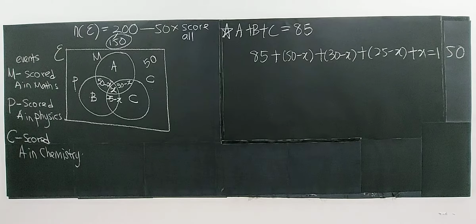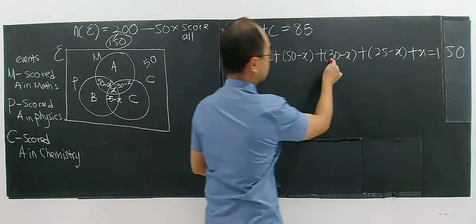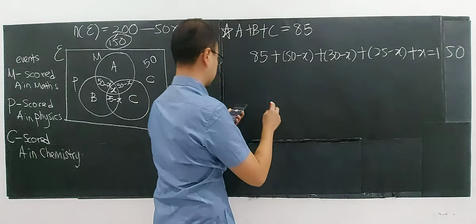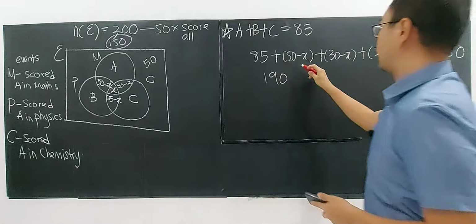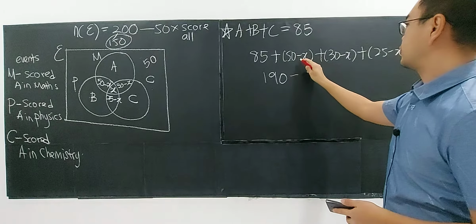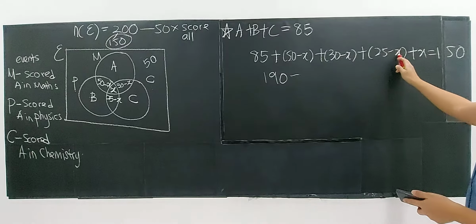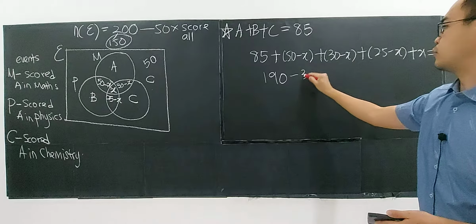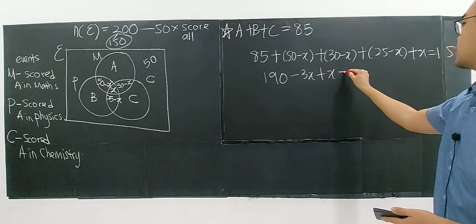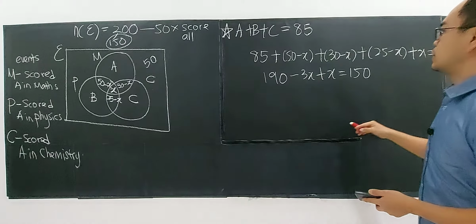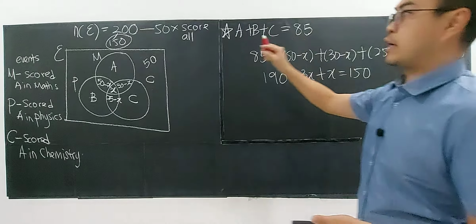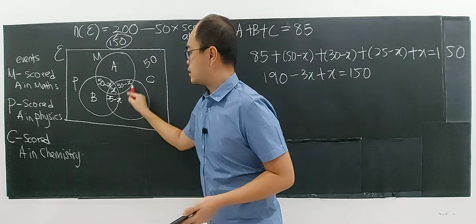We total up all the numbers here and get 190. And you have negative x, negative x, negative x, so negative 3x plus x, which equals 150. So why is it 150? You should know that 150 is all inside here.